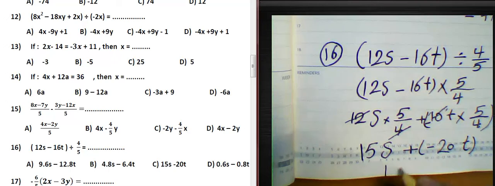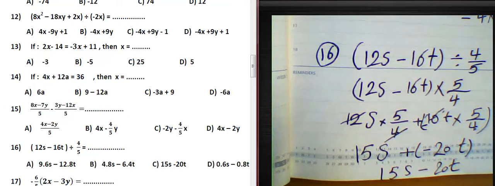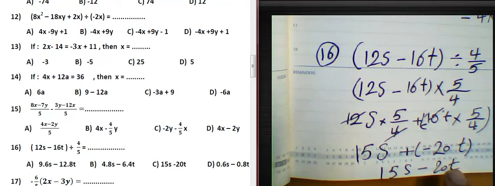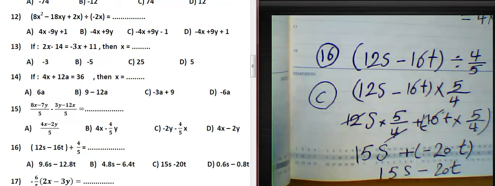So the result will be 15s subtract 20t. It's the result. We must choose this expression, 15s subtract 20t. It's letter C. We must choose letter C for question 16. Question 17.